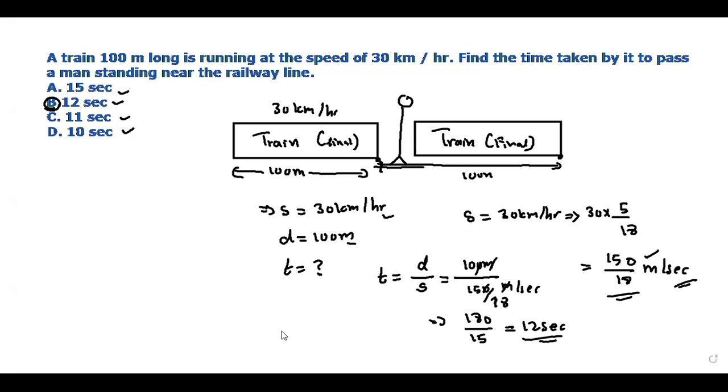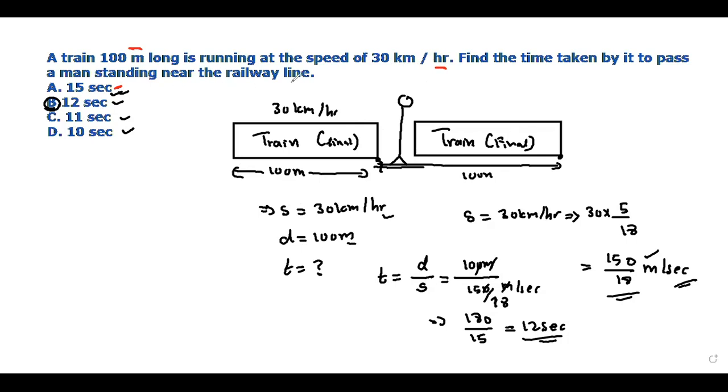Hope you understood how we got this. It is a very simple question. The only thing that we did is we converted the units. The question's time is given in seconds but the speed is given per hour, so we have to convert hours into seconds.